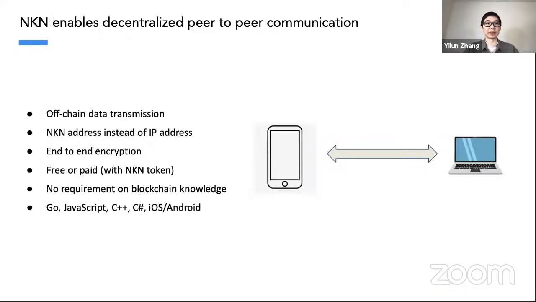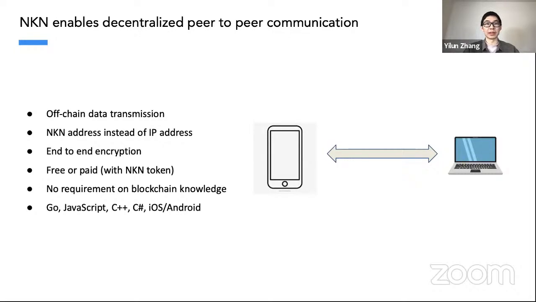What NKN provides is decentralized peer-to-peer communication. Think of it this way. Traditionally, if your phone wants to talk to another phone, a laptop, a NAS device, or a Raspberry Pi, in the application you typically have a server in between. Both are connected to a server provided by the app developer, and they talk to each other through the server.